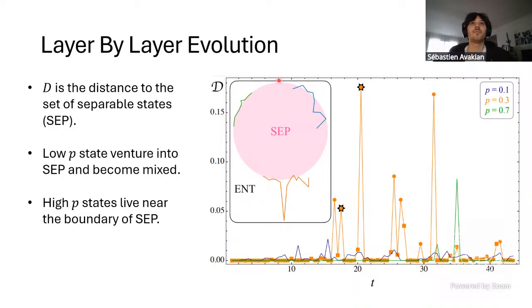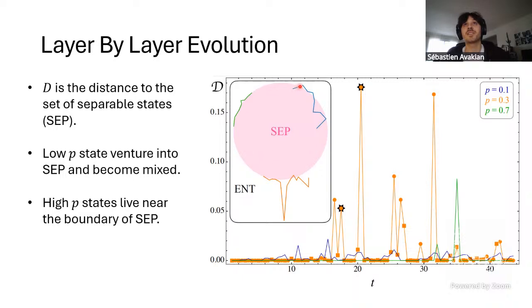And we can schematically draw what happens with this inset here. This inset represents the separable set of states, and the entangled set of states, or the C outside. During the evolution of our circuit, if we take the low P regime, as the unitary layers keep hitting our state unimpeded, it slowly becomes more and more scrambled, and starts to journey into the set of separable states.